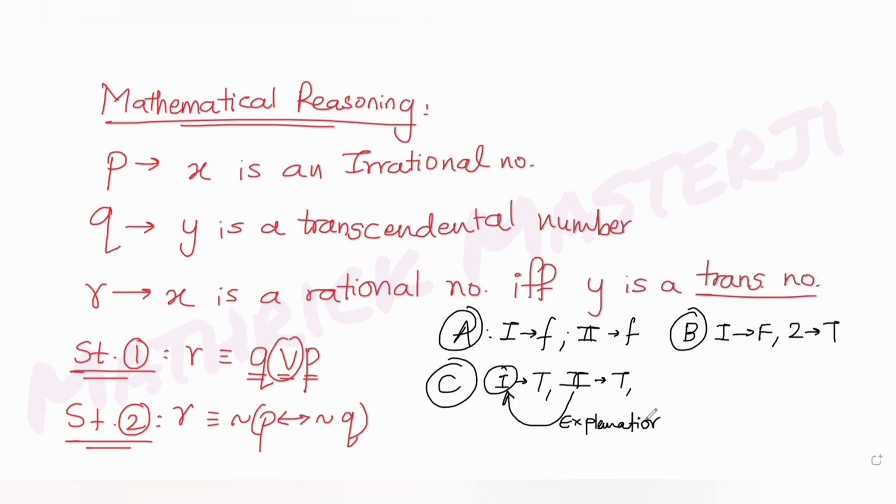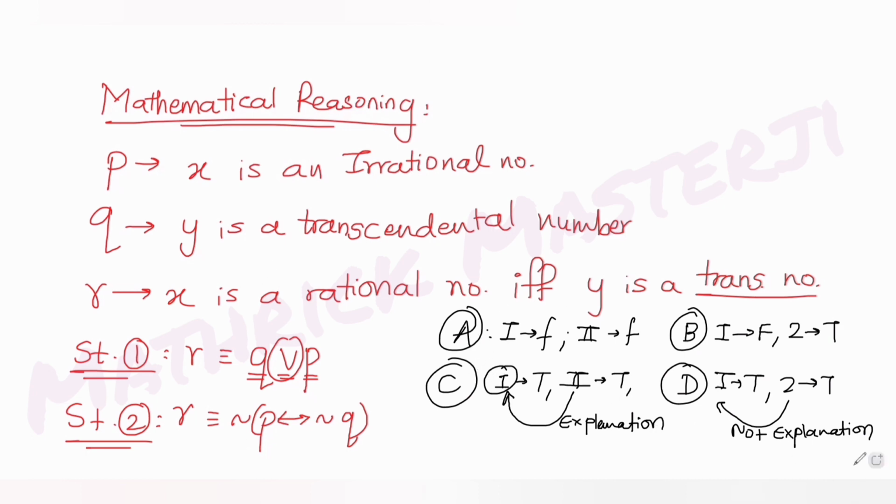The last option tells us one is true, two is true, and two is not a correct explanation for statement one.